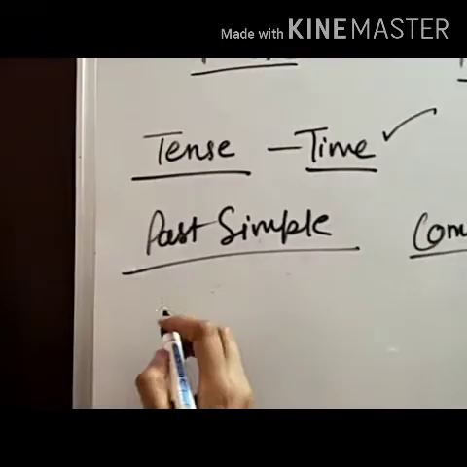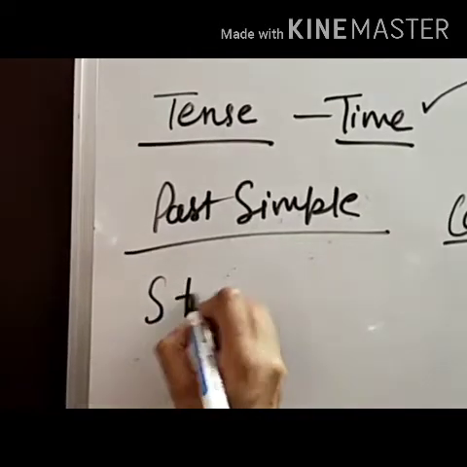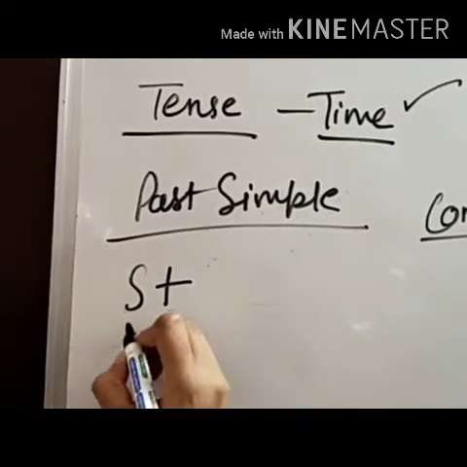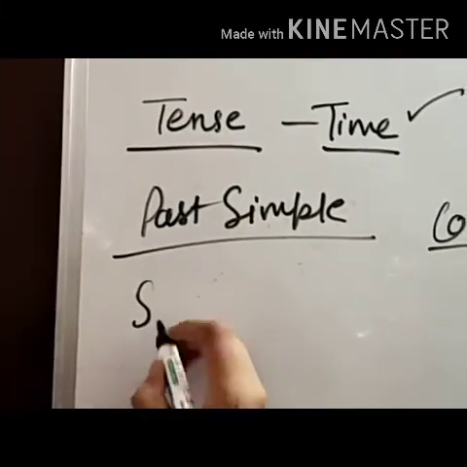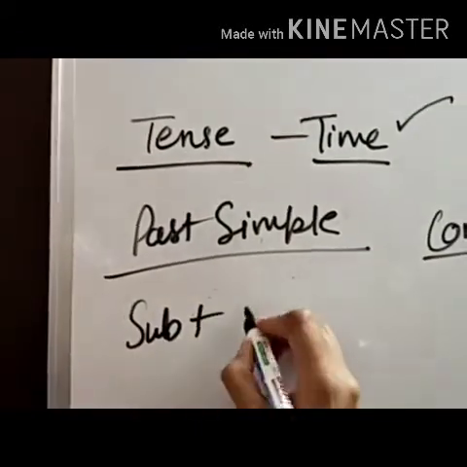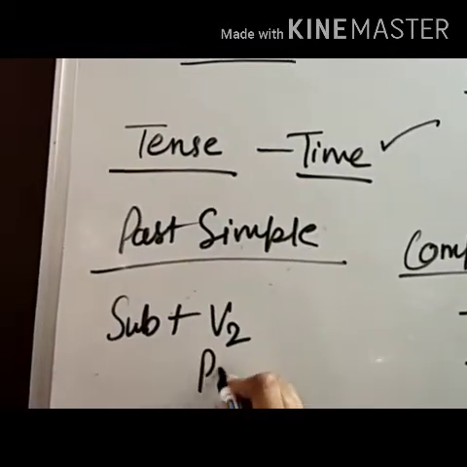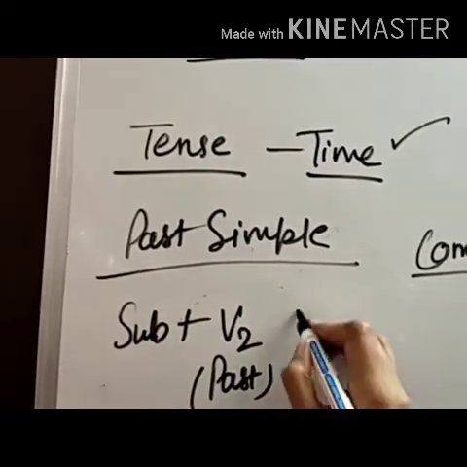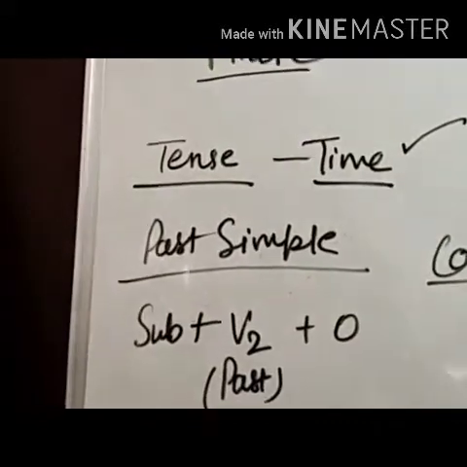What we have to do? We have to use subject, okay, don't confuse it. Subject, then verb in second form, that is past form, then object according to your sentence.